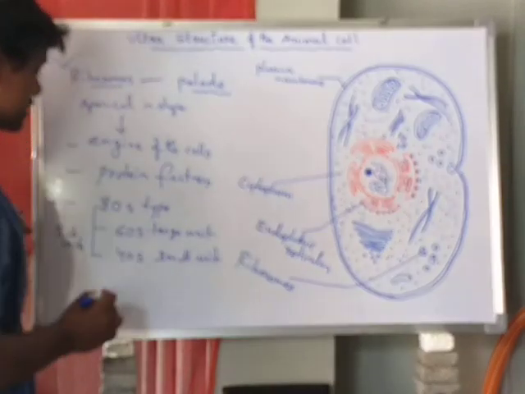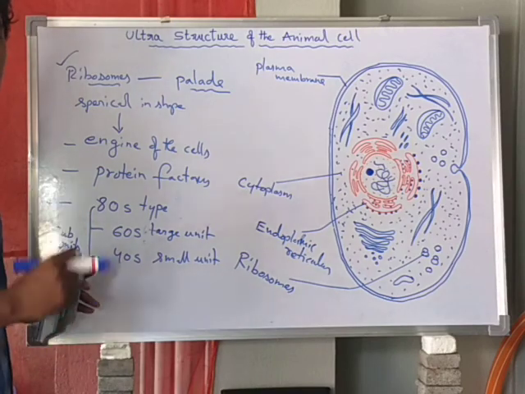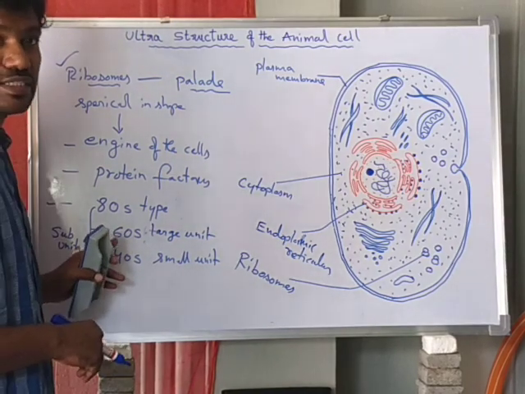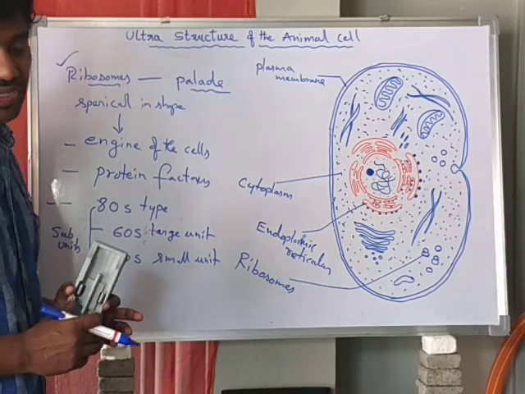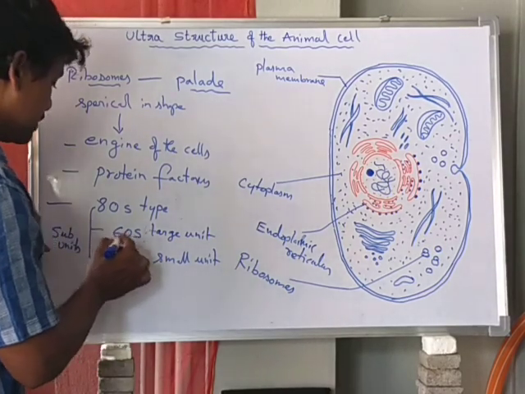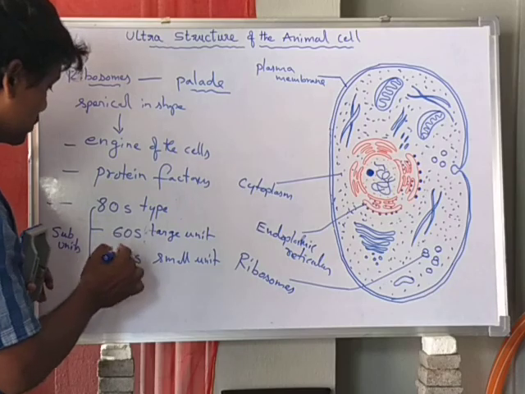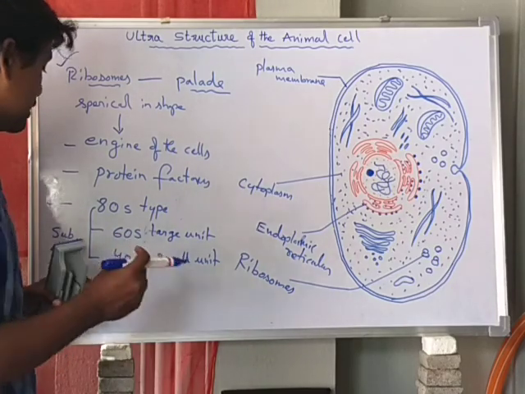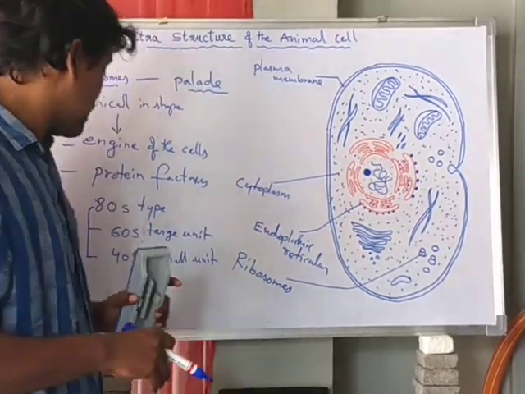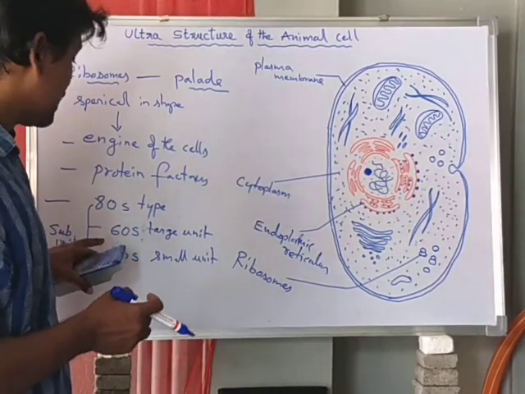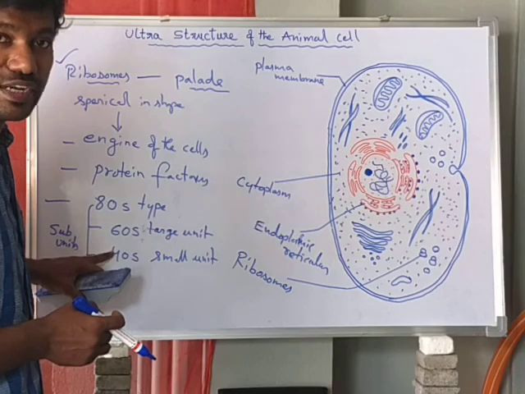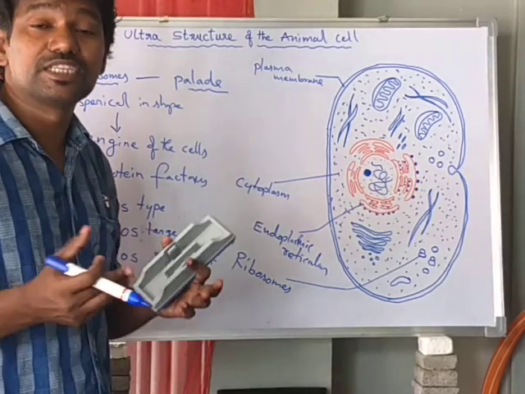So the 80S ribosome consists of two subunits, 60S and 40S. Here we might have one doubt. I said 80S type of ribosome, but if we add these two, 60S and 40S, it comes to 100S. How is it possible?